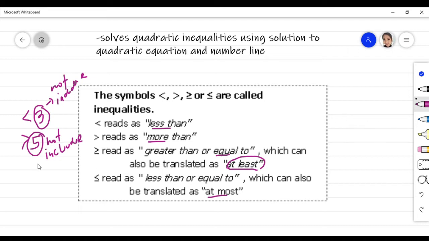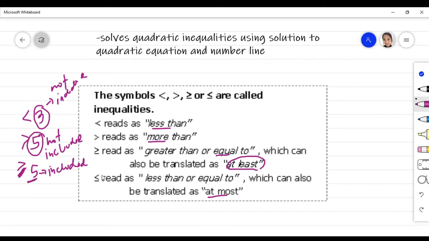But if we have greater than or equal to, let's say greater than or equal to 5, these are the numbers that move to the right of 5, but since there's equal to 5, meaning 5 is included.